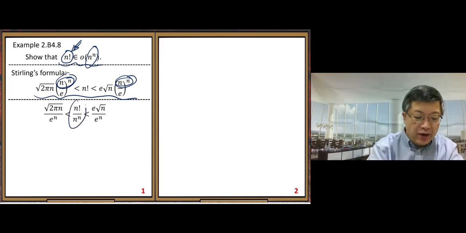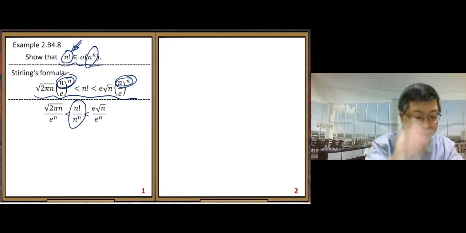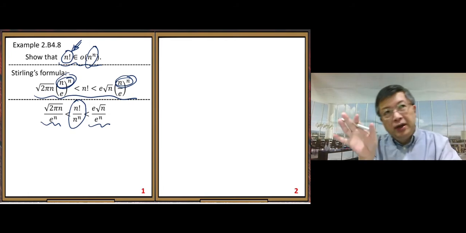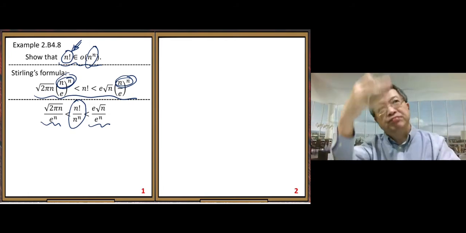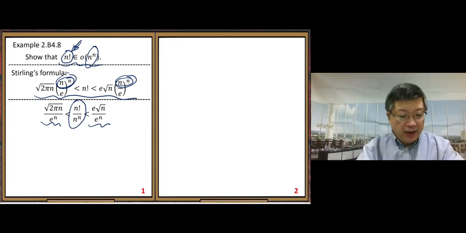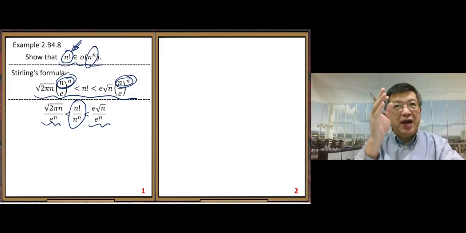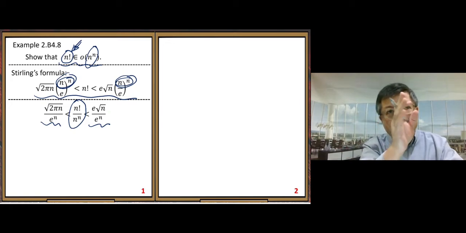We can calculate n factorial over n to the nth using another two upper bound, lower bound functions to represent it. So now we can calculate the limit in a very special way.